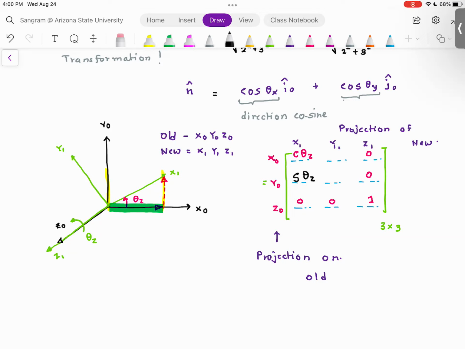Again, to do that, what I need to do is draw a perpendicular. So can you see I draw a perpendicular from here? Now the projection of y1. I'll start with the easy part. You agree with me that this is theta z. Projection of y1 onto y0 is positive cosine theta z.